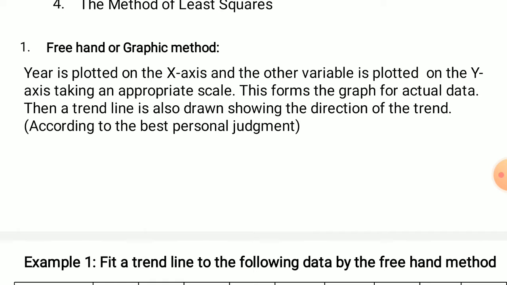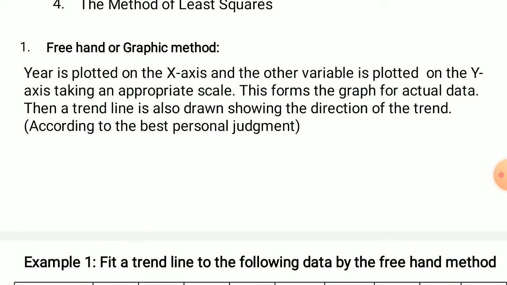In this, the time, meaning the period or the year, is shown on the x-axis, the horizontal axis. And the values of the other variable are plotted on the y-axis, the vertical axis.